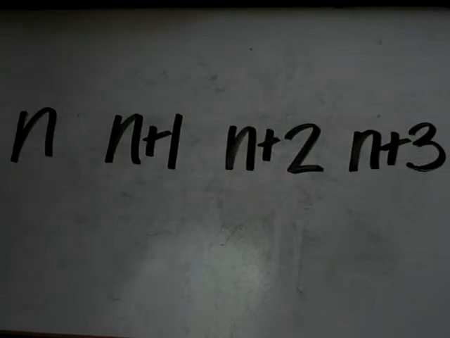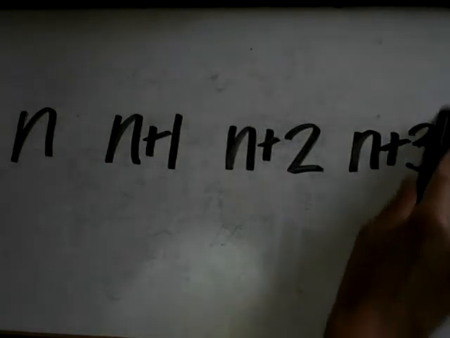But now, remember how earlier we were talking about odd integers and even integers? Let's say this is our first even integer, and I want the next consecutive even integer. Let's say n represented 4, because 4 is an even integer.